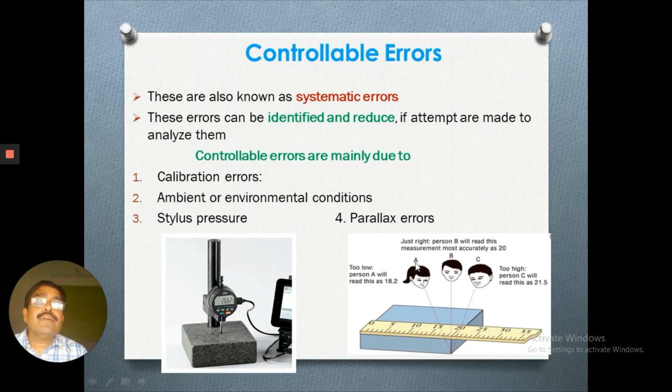Here also we are measuring a job with a scale, and three people, or I can say inspectors, are judging it. The first gives the answer as 18.2, the second 20, and the third 21.5. So different readings are occurring. Why? Because of the parallax error. So this can be avoided.